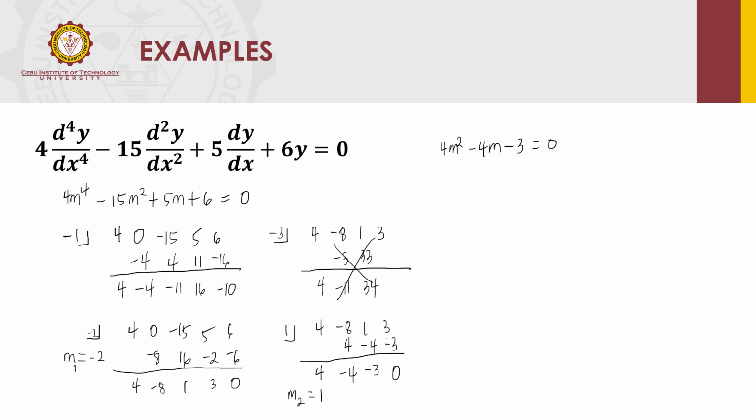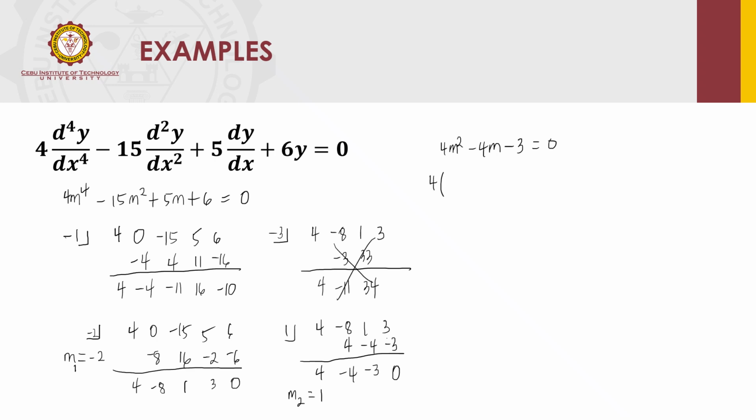Whatever process that you want to use. Of course, if you're allowed to use a calculator, then just use a calculator. For example, personally I don't like the quadratic formula, especially if the numbers here are very large.